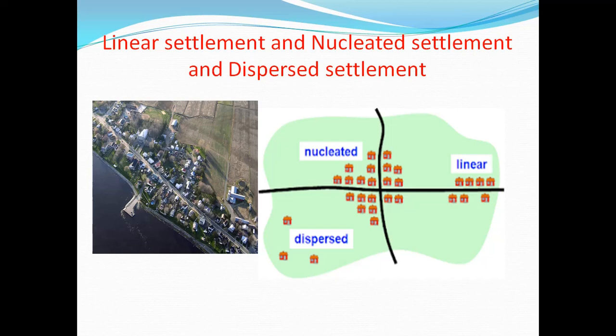Usually in villages near a jungle or wide green areas, you will find this type of settlement, where a house is placed in one direction, and after some distance other houses are found. That is dispersed settlement, dispersed over wide areas.